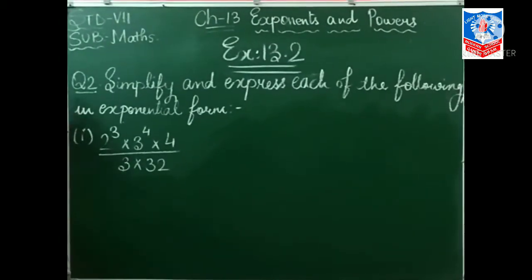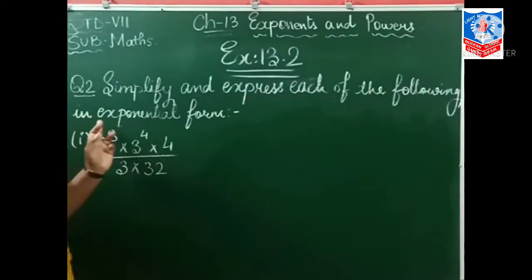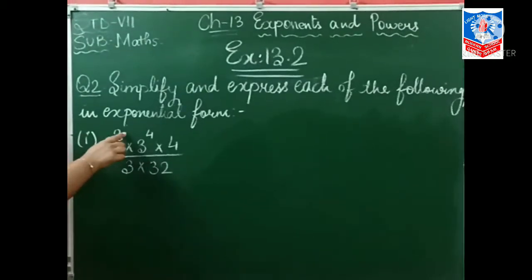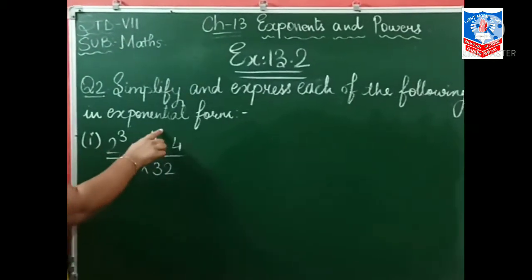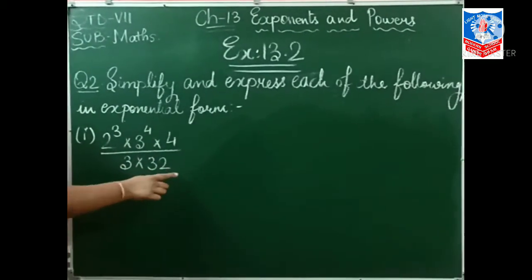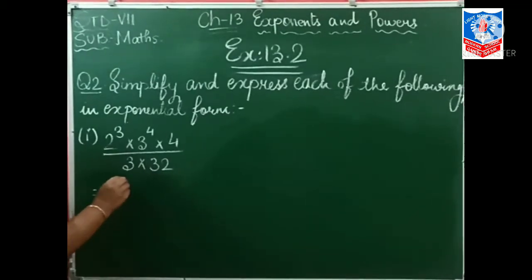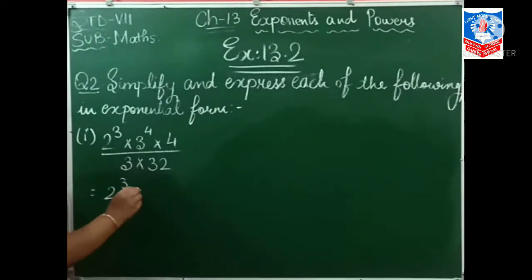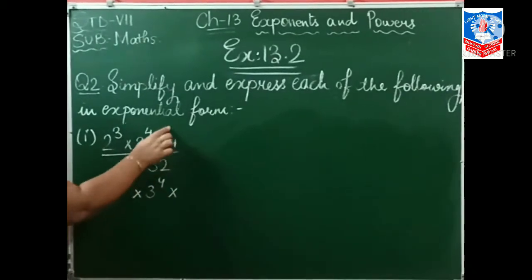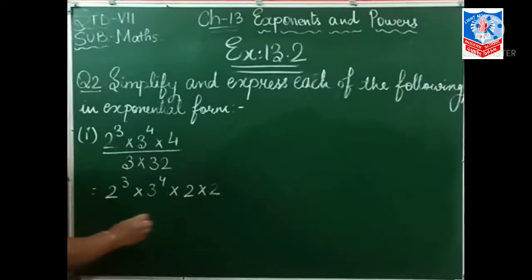Question number 2. Simplify and express each of the following in exponential form. Now 2 raised to the power 3 into 3 raised to the power 4 into 4, divided by 3 into 32. Now see here how we will do. 2 raised to the power 3 into 3 raised to the power 4 into, now we will break this 4: 2 into 2 is 4.